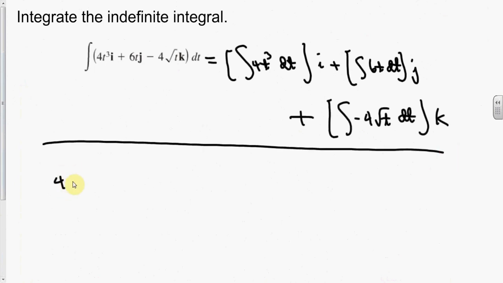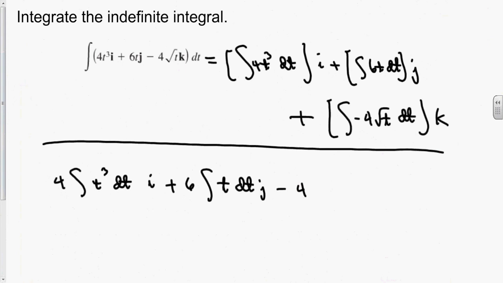So this is 4 times the integral of t cubed dt i plus 6 times the integral of t dt j minus 4 times the integral of t to the 1/2 dt k.